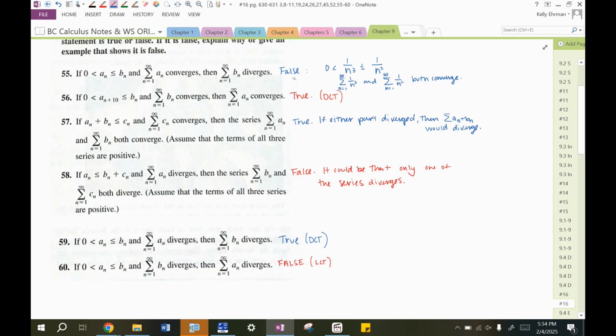56, if a sub n plus 10, that just means you start by plugging in 10 here, is less than or equal to b sub n. Or, sorry, you add 10 to whatever you're plugging in when you plug in 1. So the first term in b is bigger than the 11th term in a.